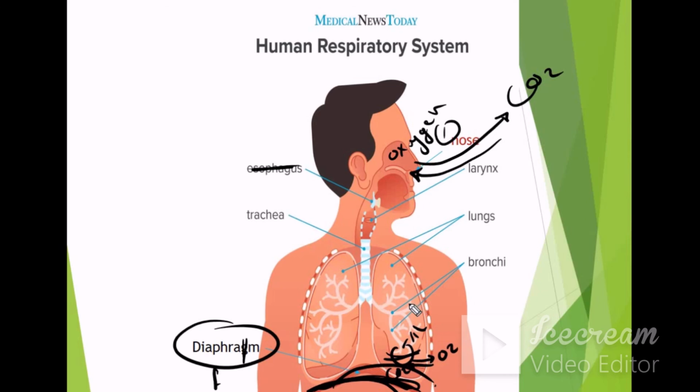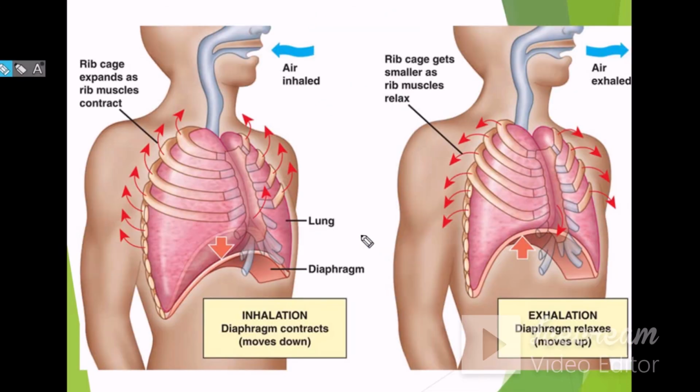How does this process happen? Now let's take a look at this slide to understand more about that. Look at this picture in front of you. When you get the air in, or you breathe in, you take oxygen.